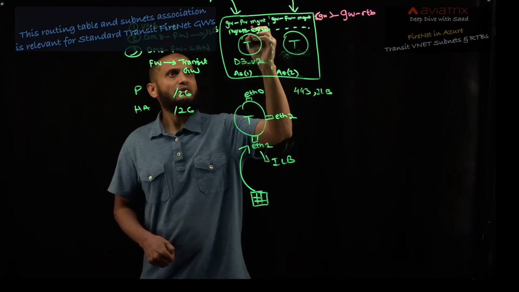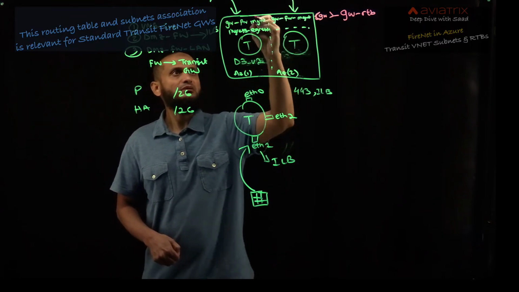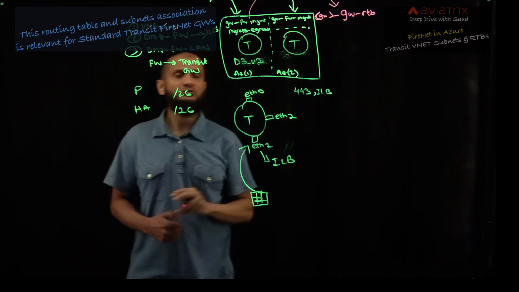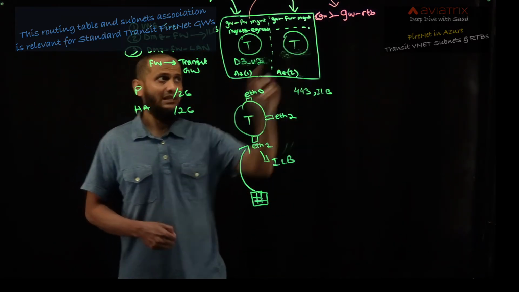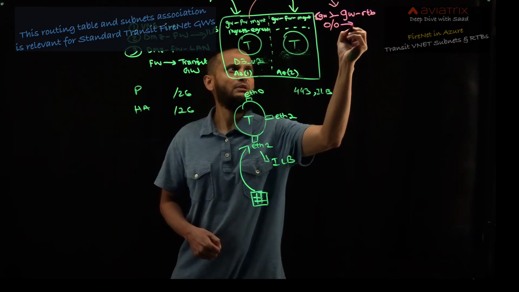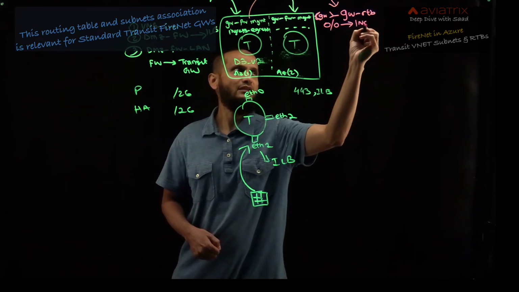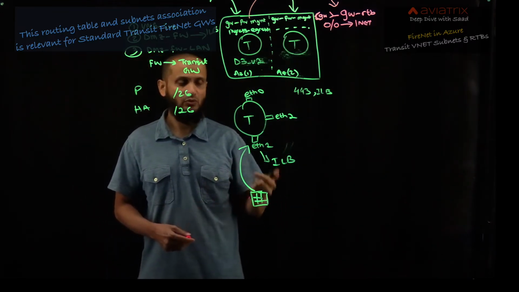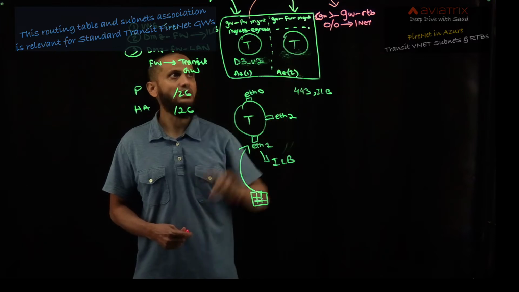And your firewall management subnets are going to be associated to this particular routing table. And then the route which you will see is quad 0 pointing towards the internet. We wanted to make sure that the controller can communicate with the gateways too.